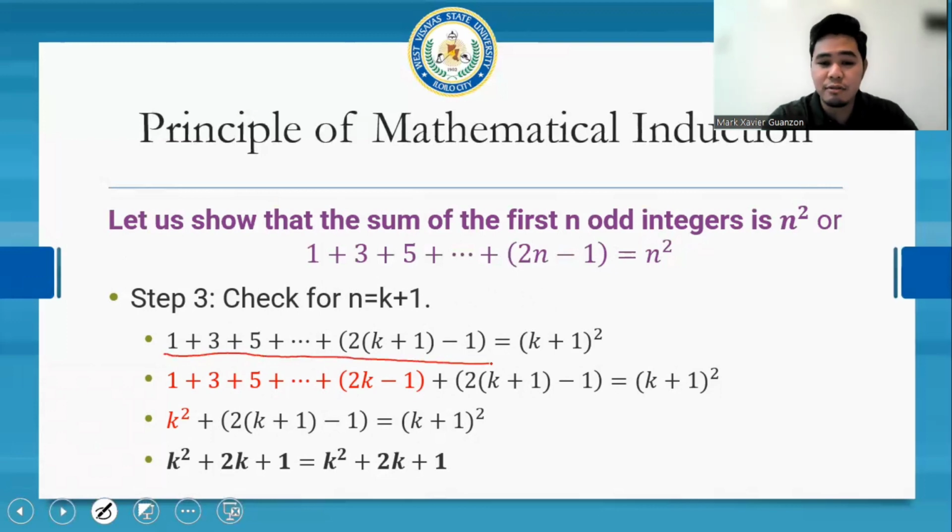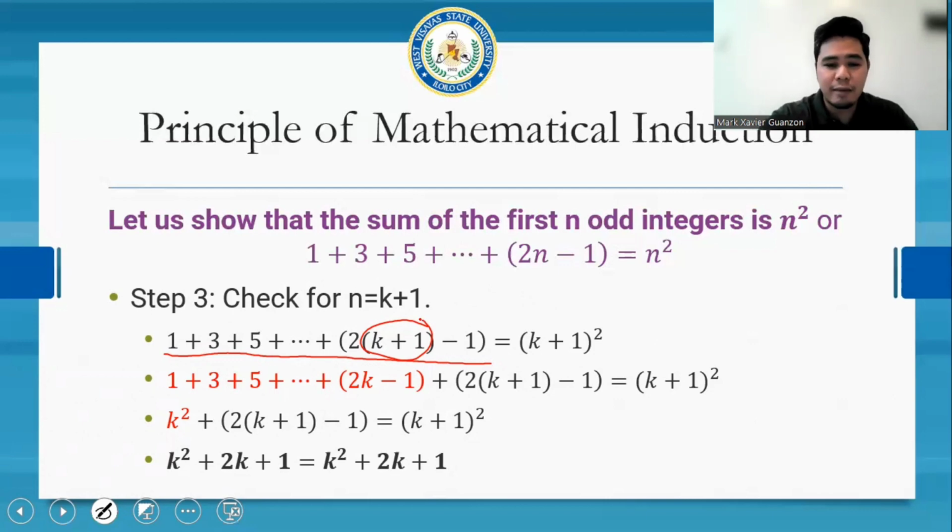But instead of just writing the 2k plus 1, we replaced it with k plus 1 minus 1, which is actually just the next term after 2k minus 1. If we're trying to come up with a sequence of the first set of positive odd integers, the next term after 2k minus 1 is 2 times quantity k plus 1 minus 1. So that's it. That will be equal to k plus 1 squared.